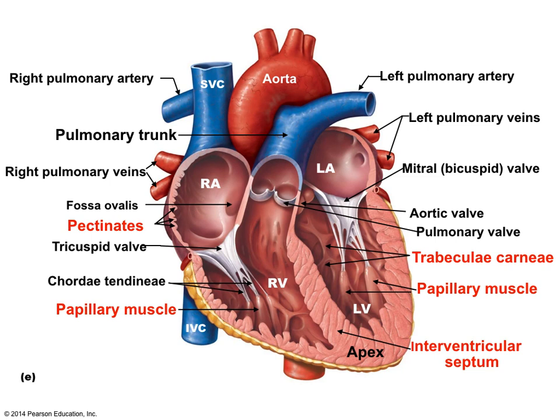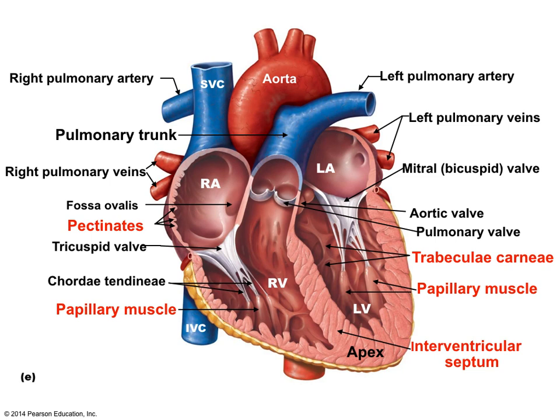The two atrioventricular valves both have cusps, either 3 on the right, tricuspid, or 2 on the left, bicuspid. These cusps are then extended into tendinous cords, chordae tendineae, which in turn are anchored to papillary muscles, which are extensions of the myocardium.